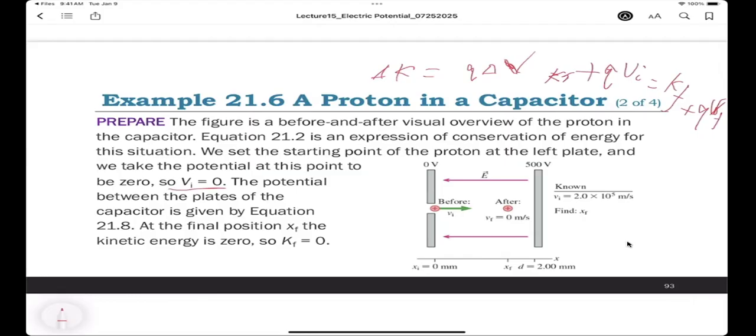So V initial equals 0, and the potential between the plates of the capacitor is given by equation 21.8 at the final position xF. The kinetic energy is 0, so KF equals 0, because the velocity is 0.